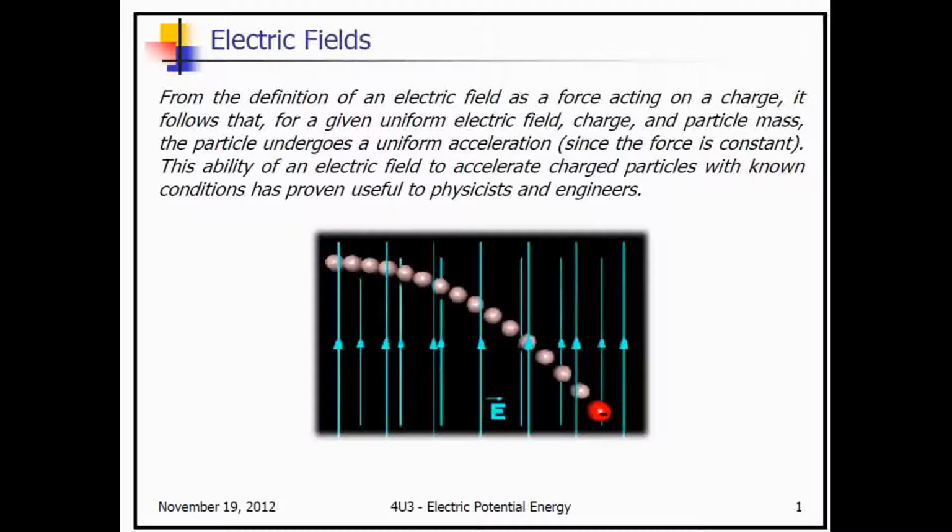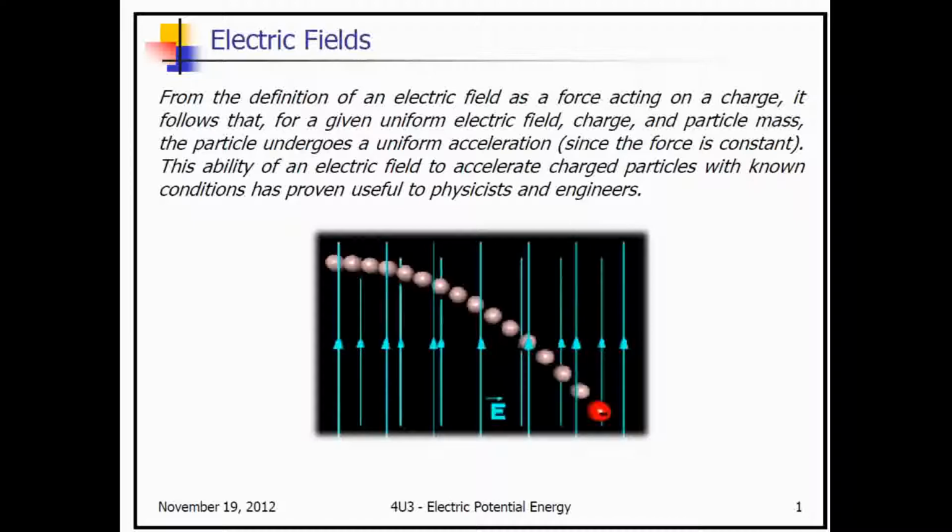Now, we don't usually have a constant epsilon, a constant electric field, unless we use parallel plates or other types of devices that cause that. But in the more natural sense, where we have point charges or charged objects that are not spherical, we have non-uniform electric fields.